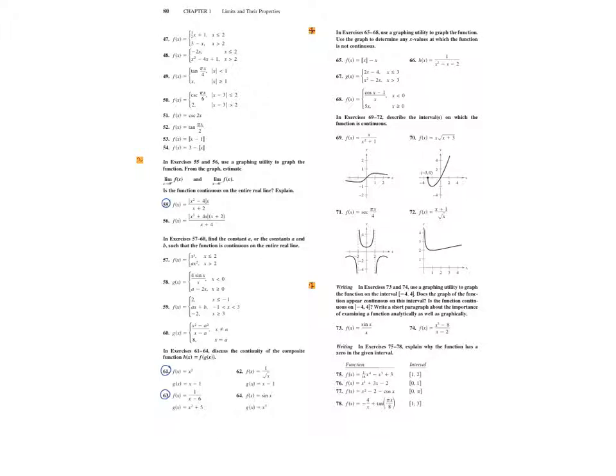If it's asking you to tell whether or not the limit exists or whether or not it is continuous, use those definitions. Don't just say, because it looks like it, or don't just draw a picture. Make sure that you use words to explain.